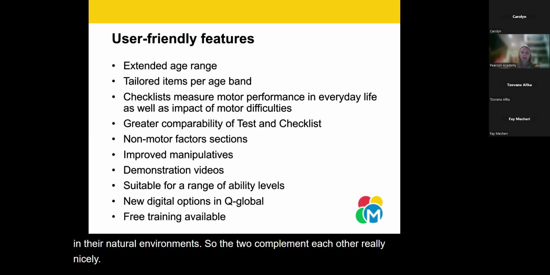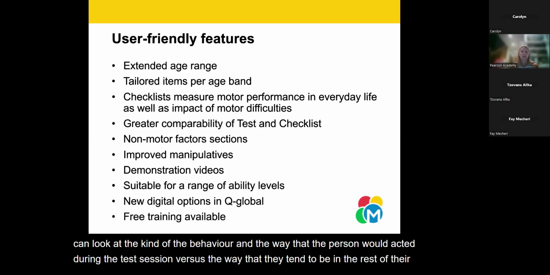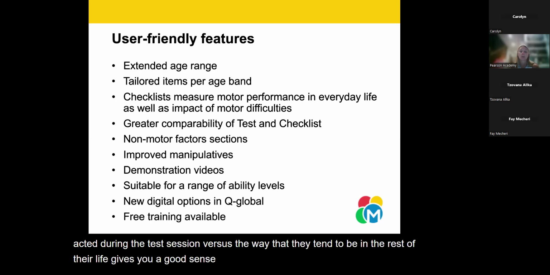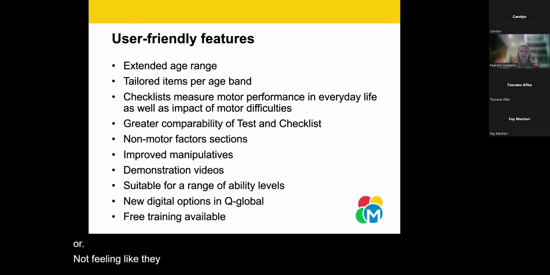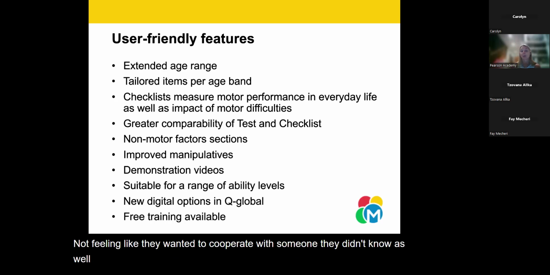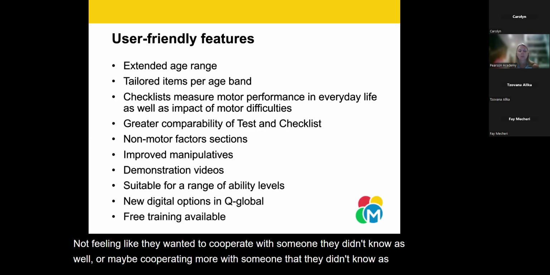And being able to compare the test and the checklist, and know that they're assessing similar domains, and that you've got those non-motor factors to look at, the behaviour and the way the person acted during the test session versus the way they tend to be in the rest of their life, gives you a good sense of how much the non-motor factors might have affected their test results, if they were perhaps particularly nervous or not wanting to cooperate with someone they didn't know, or maybe cooperating more with someone they didn't know as well as normal.